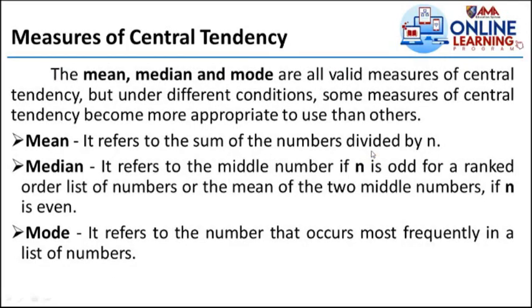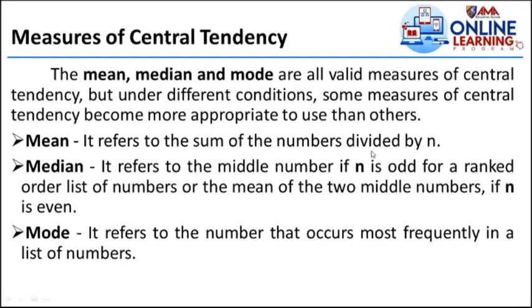So, measures of central tendency. The mean, median, and mode are all valid measures of central tendency, but under different conditions, some measures of central tendency become more appropriate to use than others. Mean refers to the sum of the numbers divided by n.